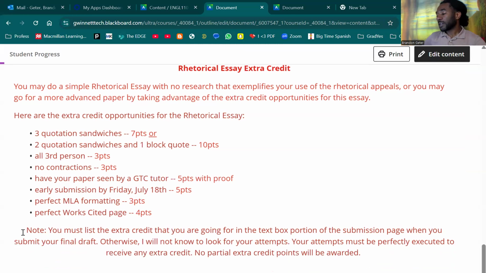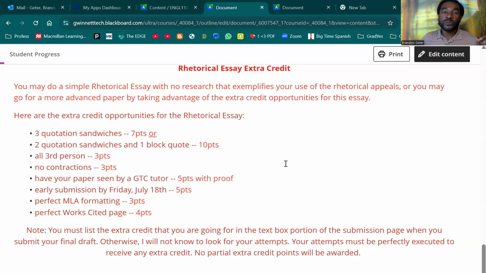This note down here though, you must list the extra credit that you are going for in the text box portion of the submission page when you submit your final draft. Otherwise, I will not know to look for your attempts. Your attempts must be perfectly executed to receive any extra credit. No partial extra credit points will be awarded.